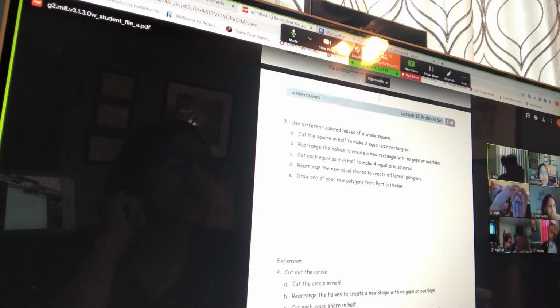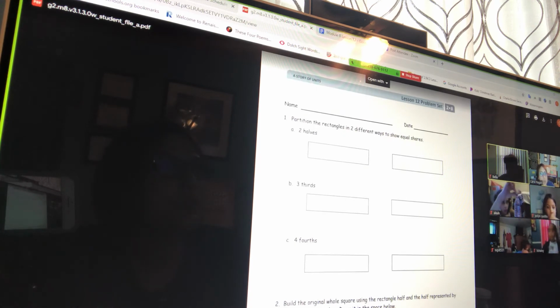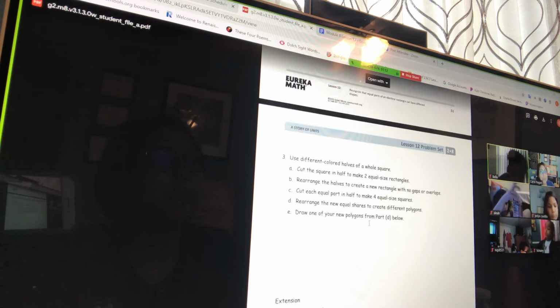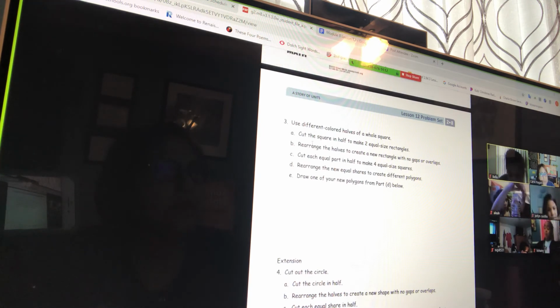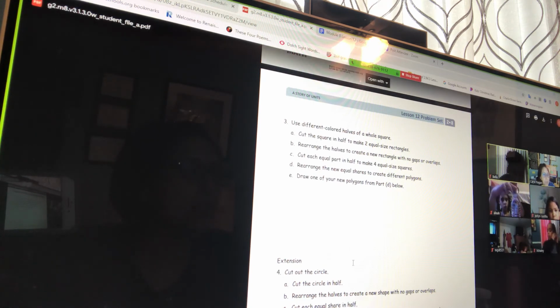The reason you're not going to do 52, okay, you're going to do 51, which is this one, and 53, which is this one. You are not doing 52 because for 52, they're asking you to cut, and not all of you have scissors. So you're not doing page 52.